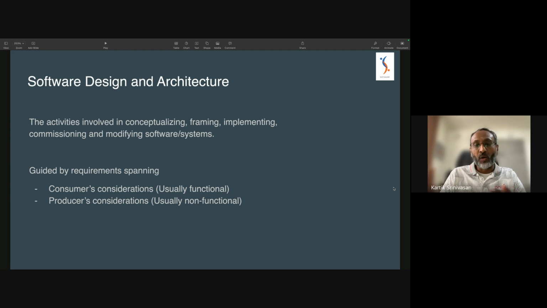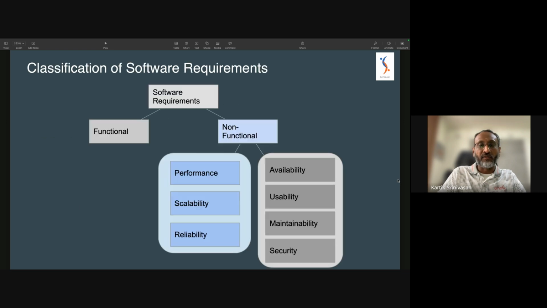Those requirements are called non-functional. So it's not directly something that the consumer sees, but they are equally important. Yes, Berlin, you had a question. Okay, never mind. Yeah, so the producer's considerations are equally important and usually are termed as non-functional.